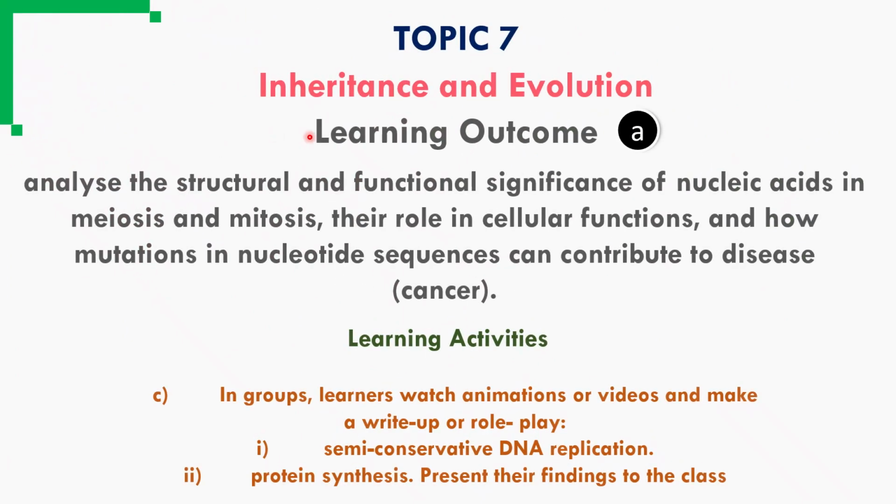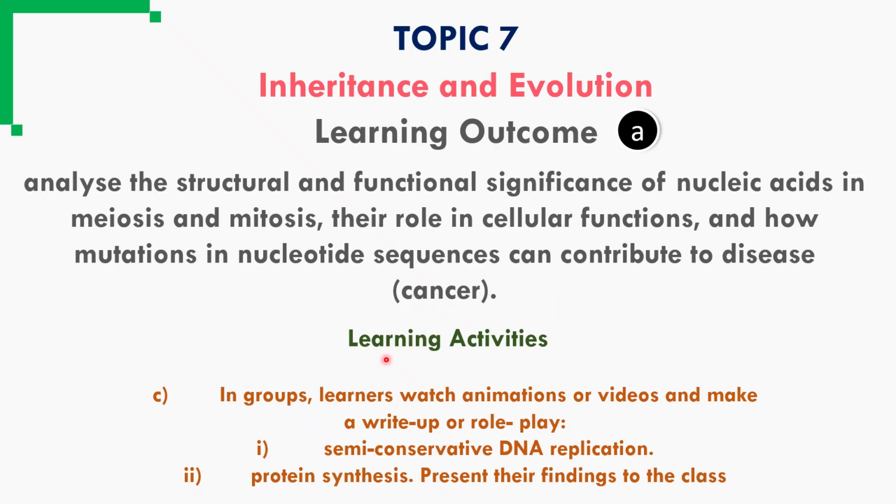Thank you very much for participating in Evolution and Inheritance, Topic 7. Our learning outcome A looks at the structure and functional significance of nucleic acids in meiosis and mitosis, their role in cellular functions, and how mutation in the nucleotide sequence can contribute to disease, for example cancer.